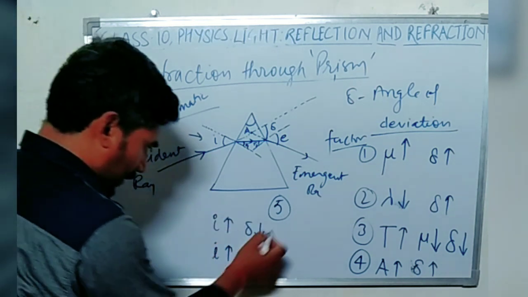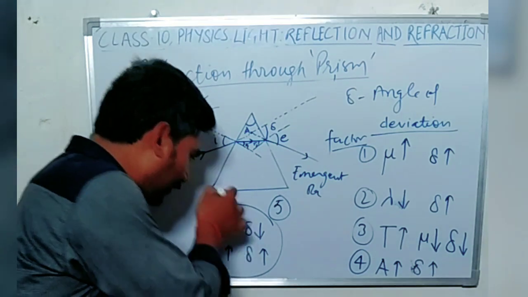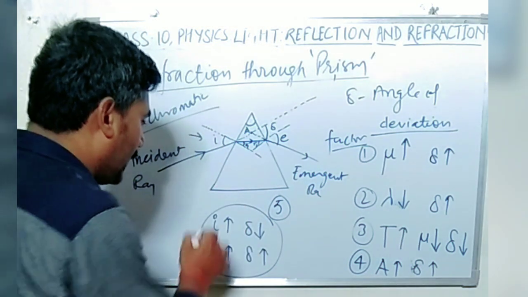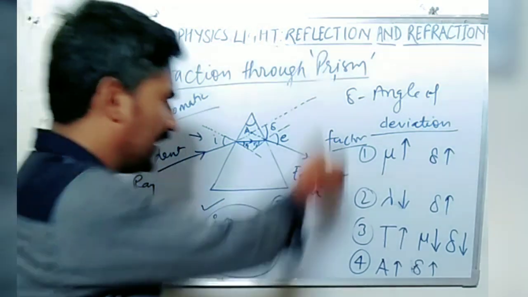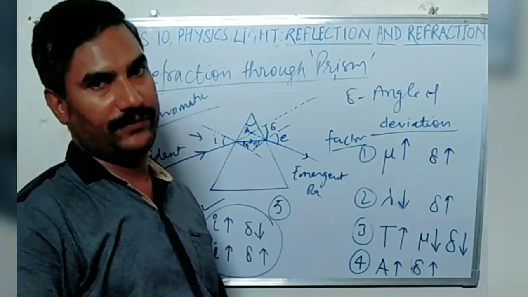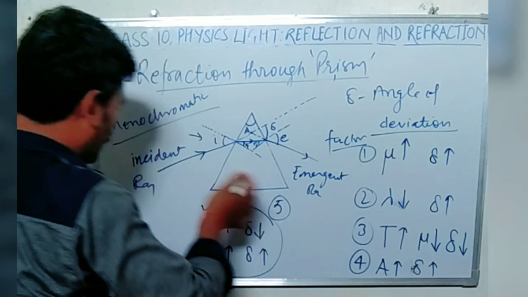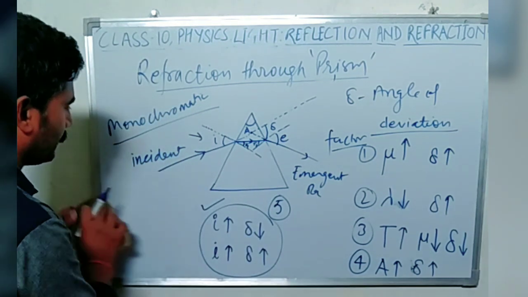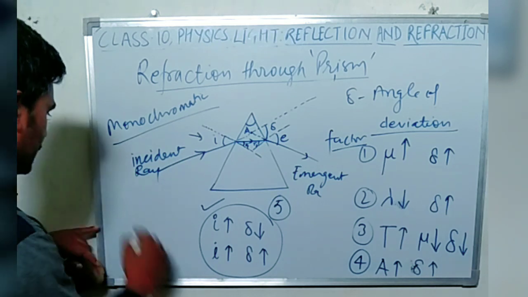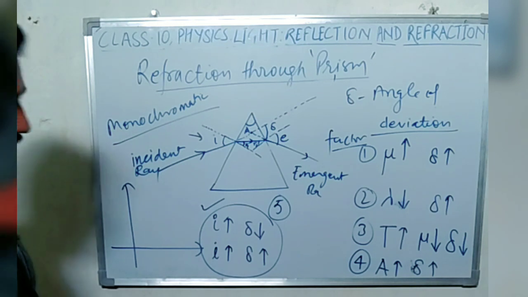By this dual nature of the angle of incidence in changing the angle of deviation, it becomes more important than the other factors. So, if we draw this in a graph, we will see the nature which is shown.